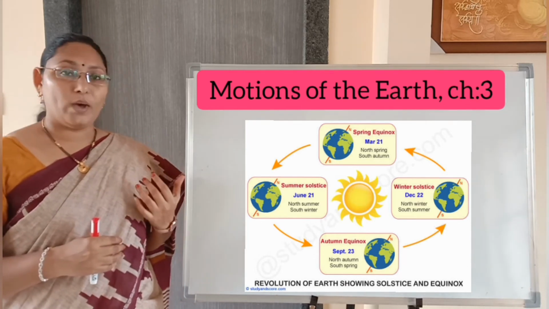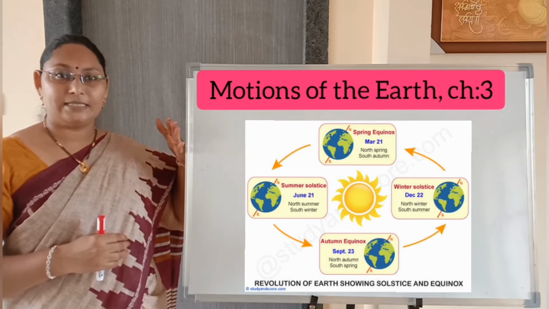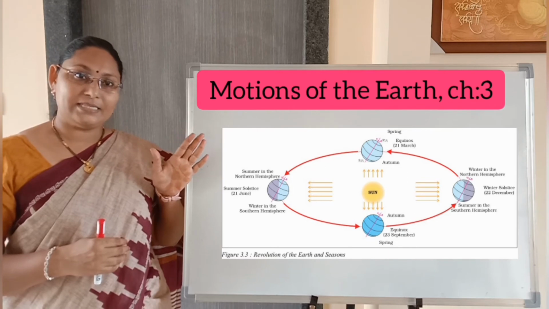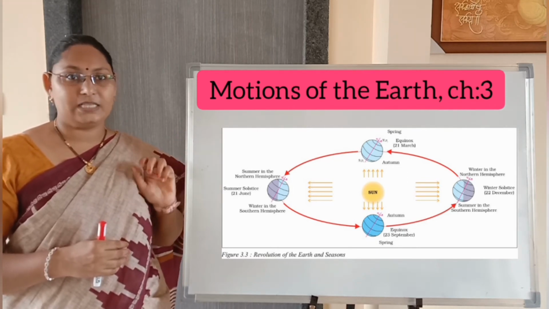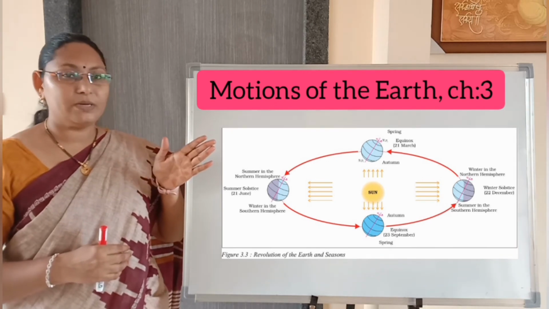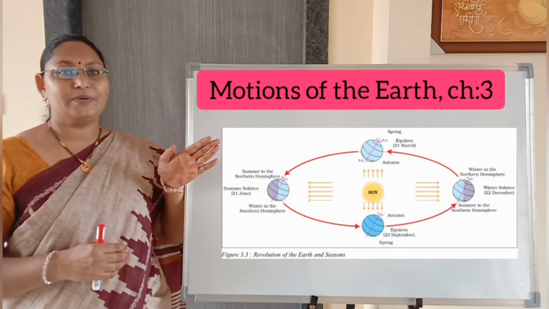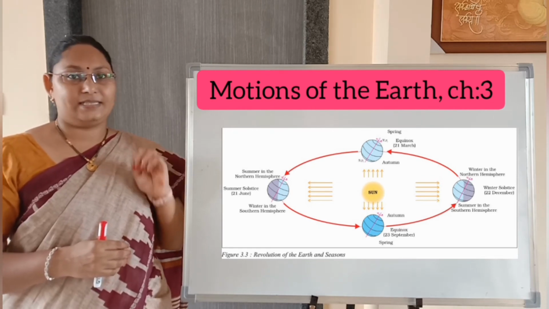Yes, at the time of June 21, Northern Hemisphere experiences summer, which is called summer solstice. At the time of December 22, when Southern Hemisphere is experiencing the summer, it is called winter solstice.